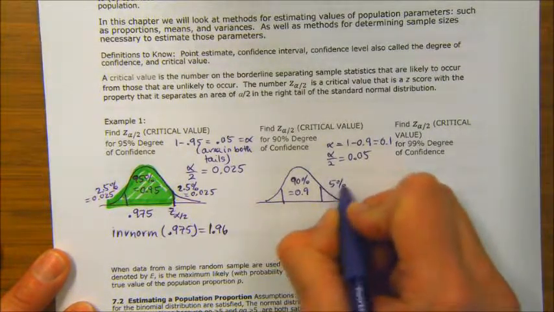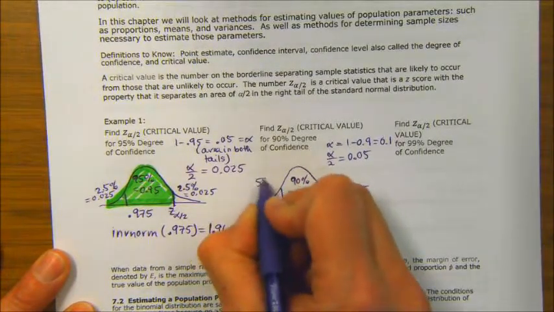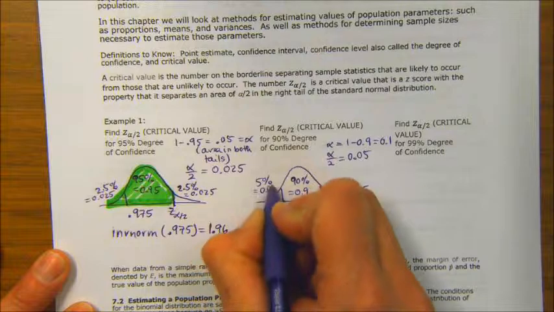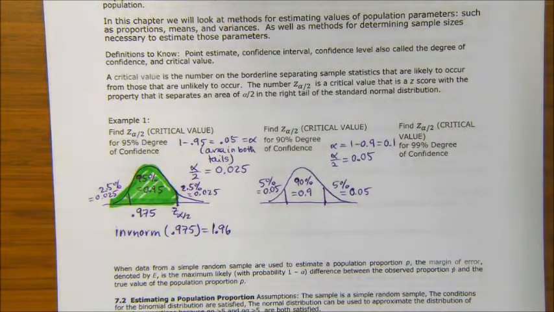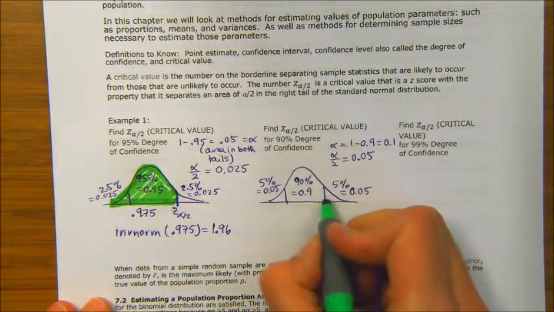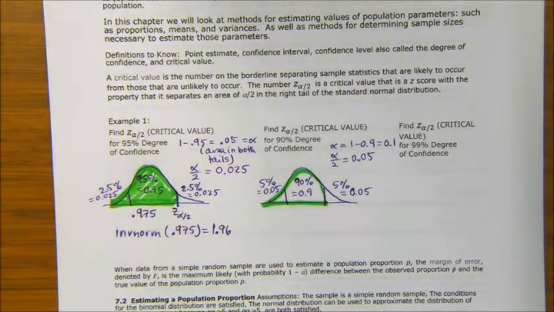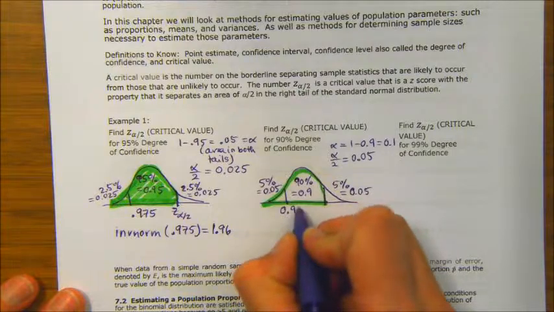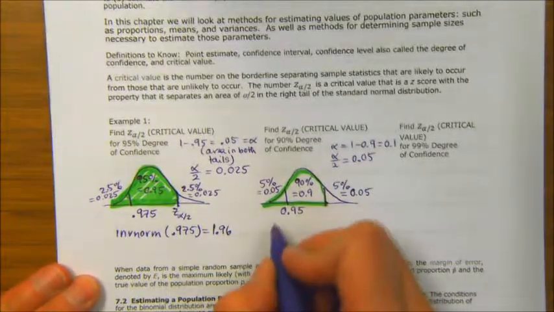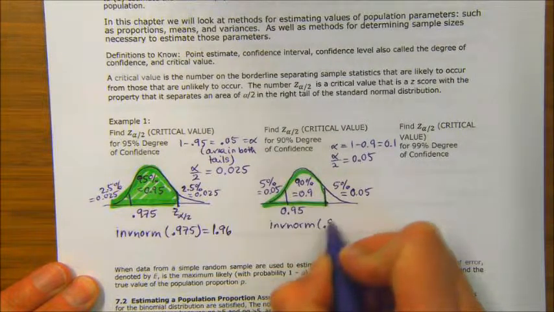So 5% or 0.05. Now again, to find that critical value, we're looking for the positive one. Looking for the area to the left, which is how much? Yeah, 95% or 0.95. So use inverse norm of 0.95.